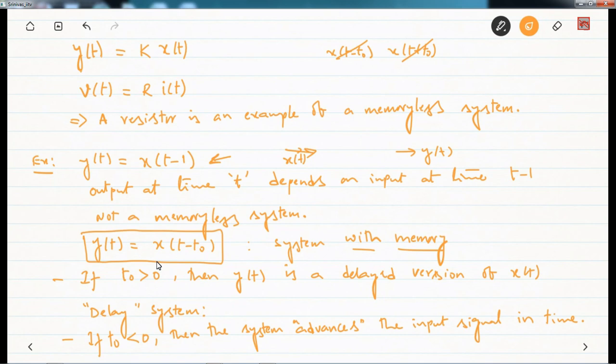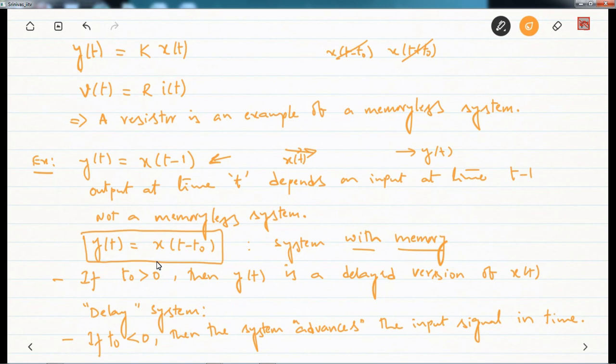If t naught is greater than 0, the system is delaying the signal. The output is a delayed version of the input signal, and if t naught is less than 0, then the system advances the input signal, right?